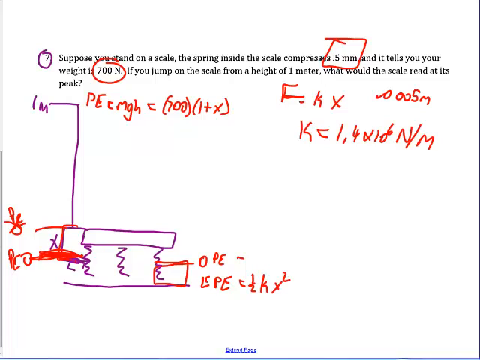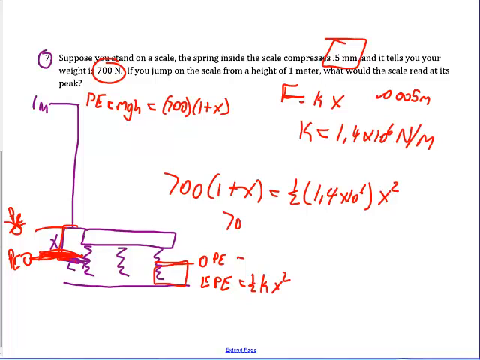And so my 700 times 1 plus x equals 1/2 k, which is 1.4 times 10 to the 6th times x squared. And this is going to be a quadratic formula. So 700 plus 700x equals 0.7 times 10 to the 6th x squared.